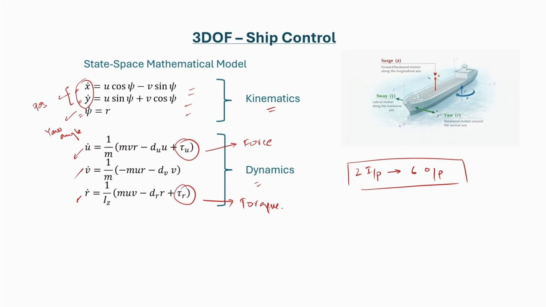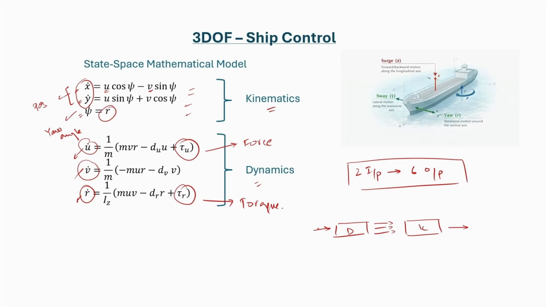So what we are going to do is design a control law and feed it to dynamics, and then achieve desired velocities in such a way that it can control the kinematics, right? Because we have u and v appearing in kinematics, and that can be controlled using the control inputs of dynamics. So we have to control this u, v, and r as well in such a way that we can achieve our desired control objectives.